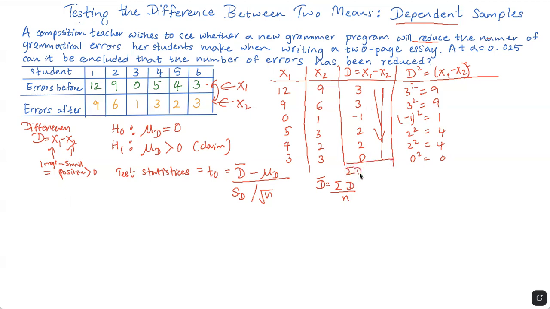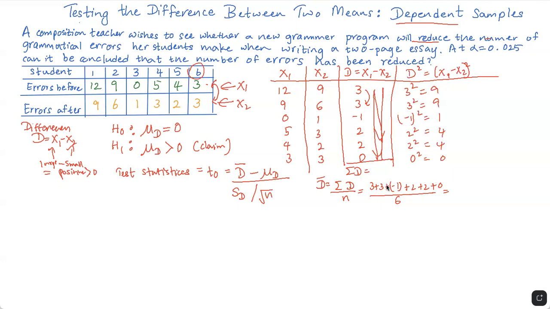The summation of D is adding all these numbers: 3 plus 3 plus negative 1 plus 2 plus 2 plus 0, divided by the sample size, which here is 6. So 3 plus 3 is 6, 6 minus 1 is 5.